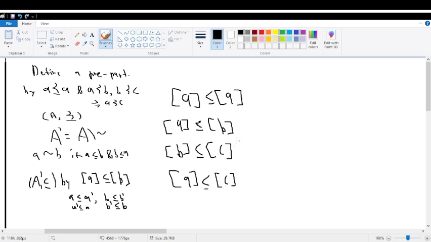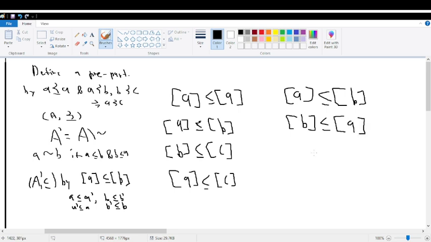Yeah, and then obviously the transitivity holds, and from here the only thing else to show is that suppose A is less than or equal to B, and B is less than or equal to A. Then we have A less than or equal to B, and B prime less than or equal to A prime, with A less than or equal to A prime, and B less than or equal to B prime.